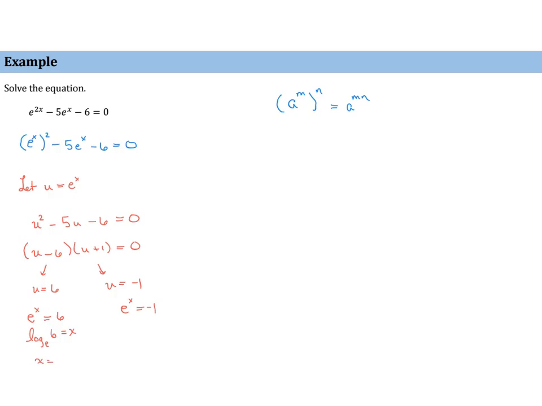So x would equal the natural log of 6. Likewise, this would be log base e of negative 1 equals x, but it does not make sense to take a log of a negative number. So we can stop there. Our answer is just the natural log of 6.